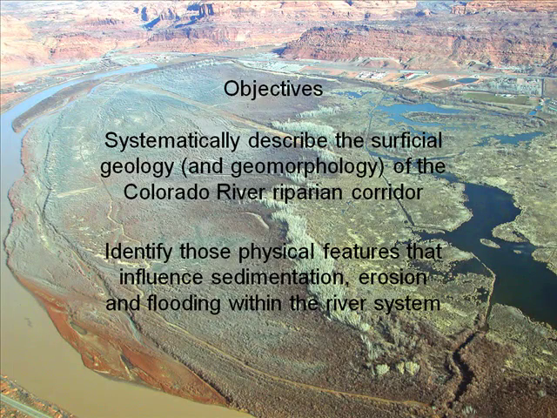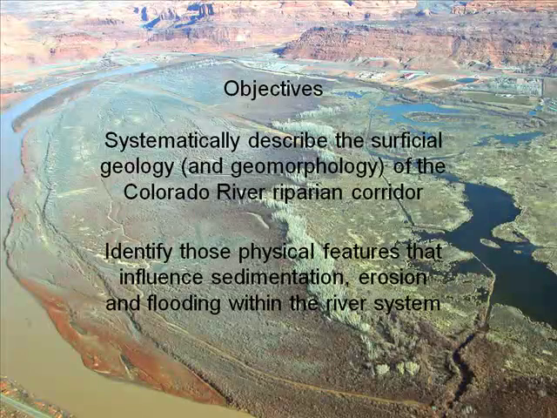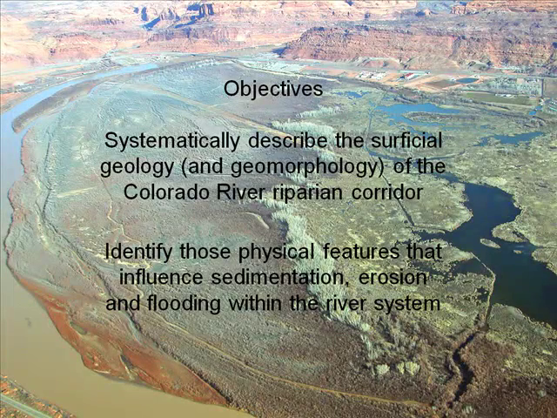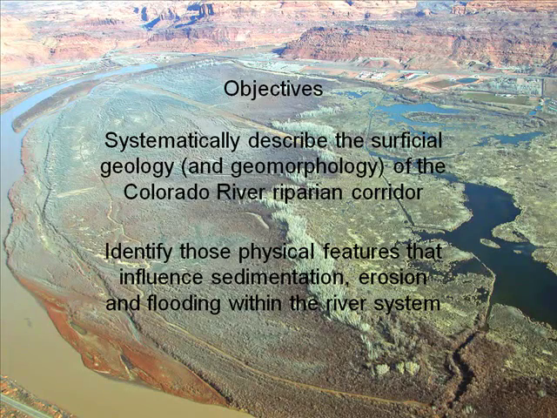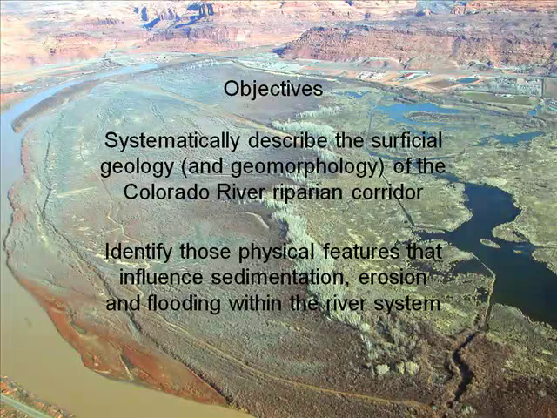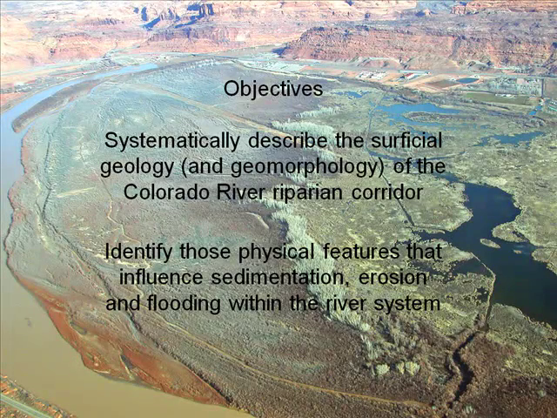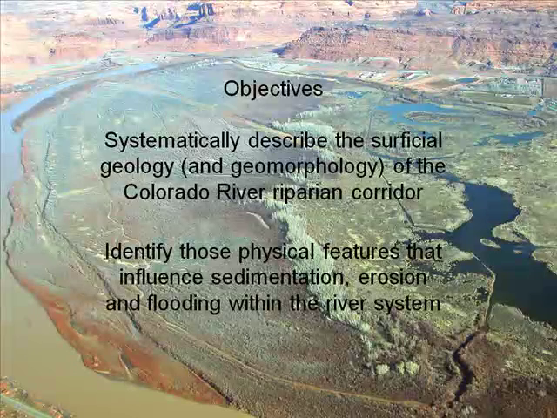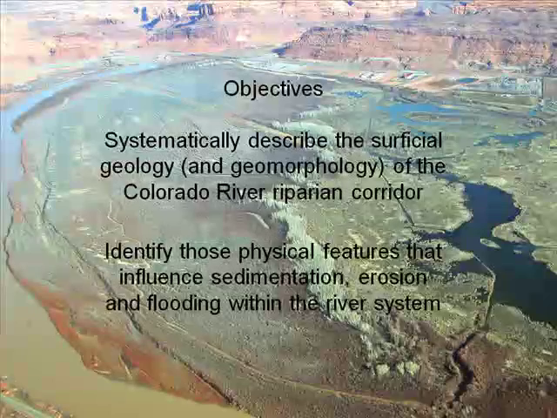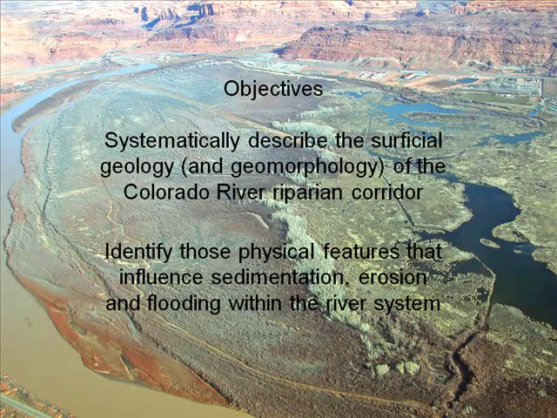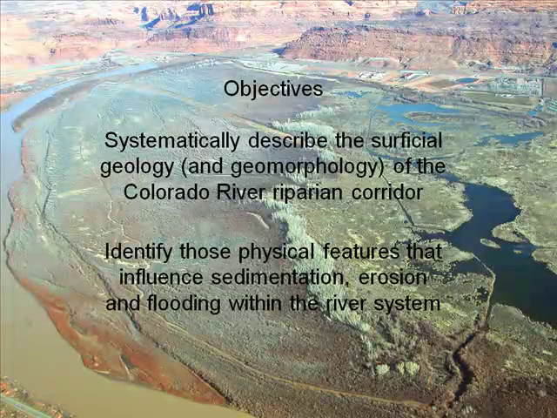We've already gone through this too. Basically, we want to get to this objective. What we need to do first is to systematically describe the physical components of the system, mainly its superficial geology and geomorphology, but to focus on identifying those physical features that are most influential on sediment flow.